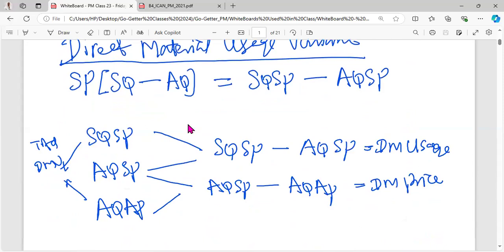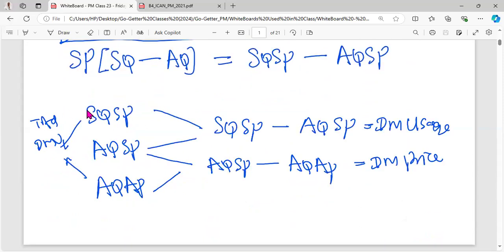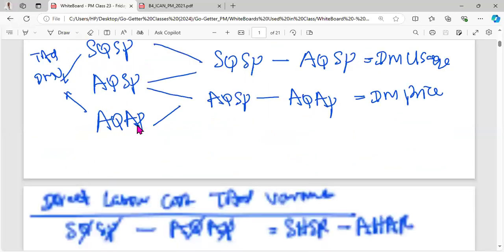Then we saw how we derived it, the fixed budgets and the actuals we are given. Then we saw the flex budget in the middle. And we saw how we can derive our material usage and price variances.